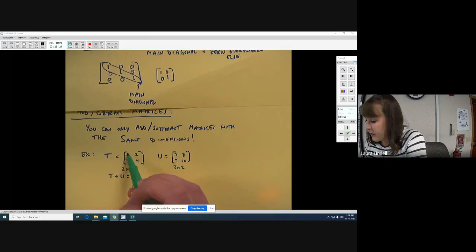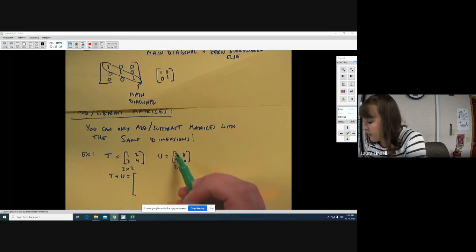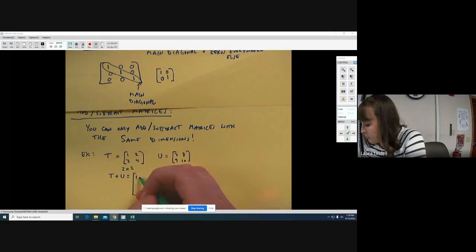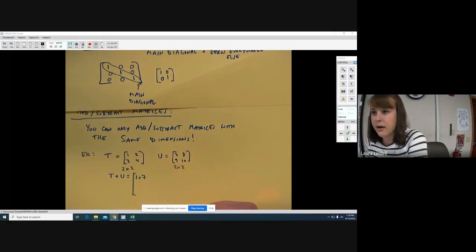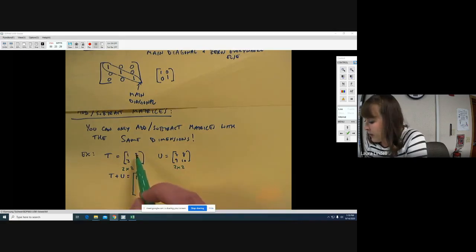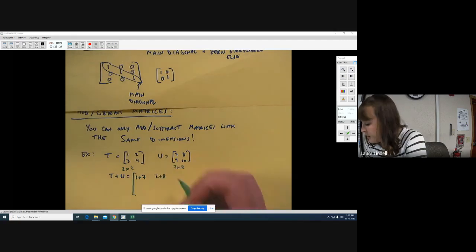So if this is the top left corner element, it goes with the top left corner right here. So we would go 1 plus 7, and that would become your new top left corner element. Then we'd have 2 and 8 go together, so we go 2 plus 8. 3 and 9 go together, so we go 3 plus 9.